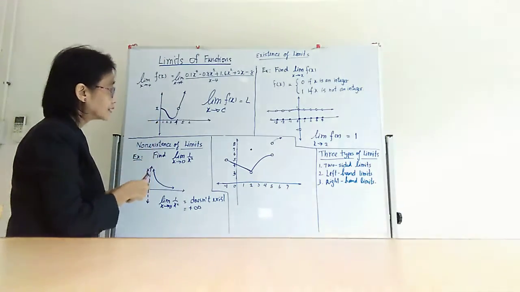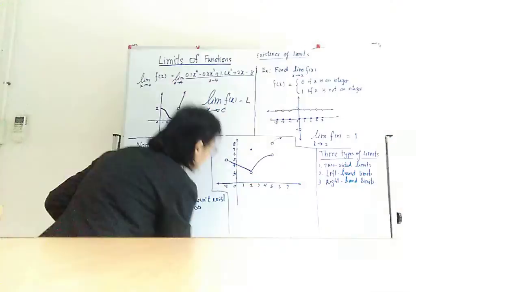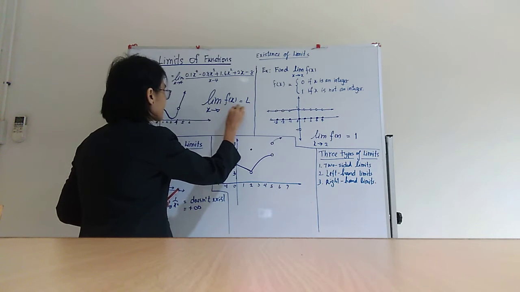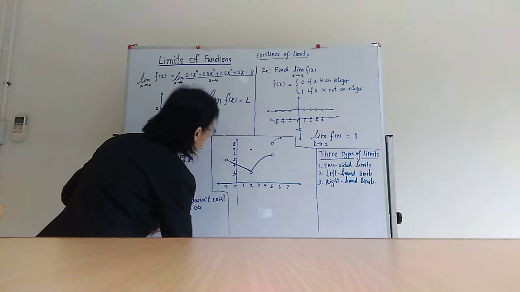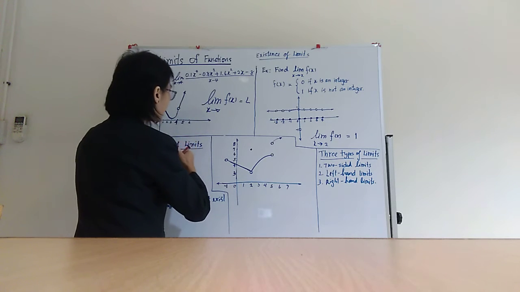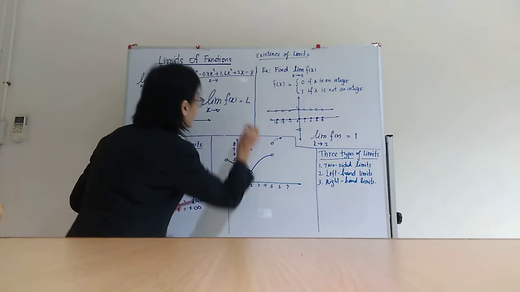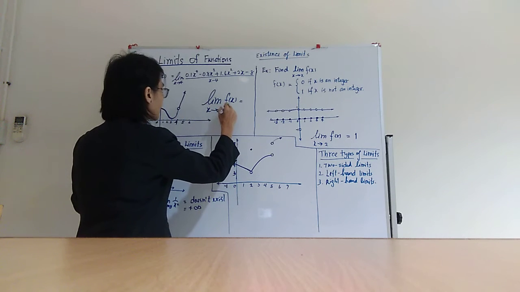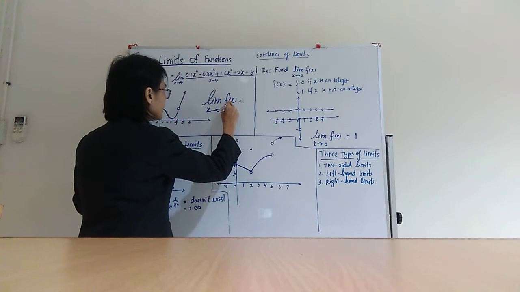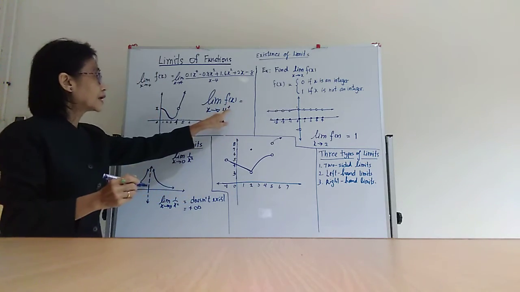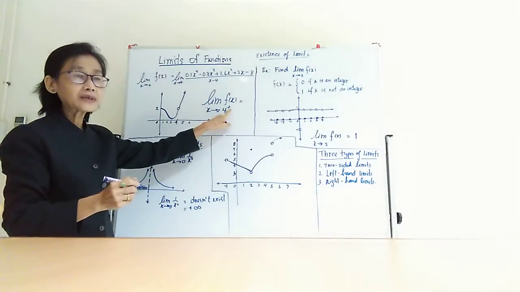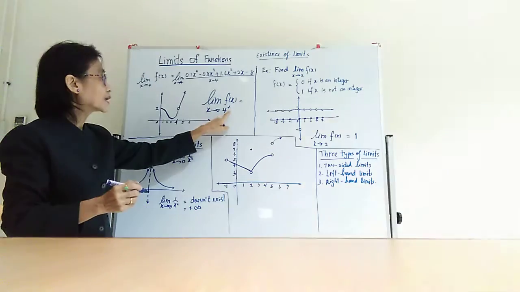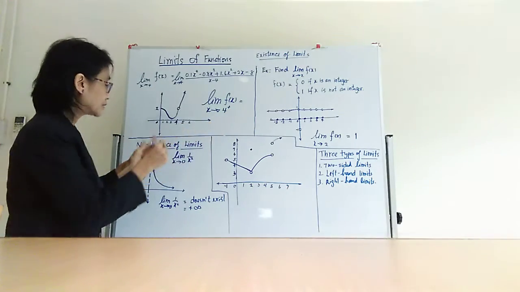But for example, if I say this one approaches 4 positive, we should use this example, approach to 4 positive. If you have a plus sign at the top here, we call this a right-hand limit.